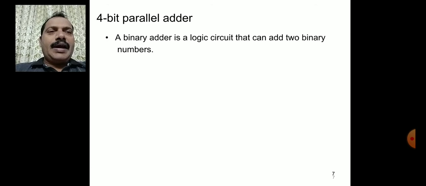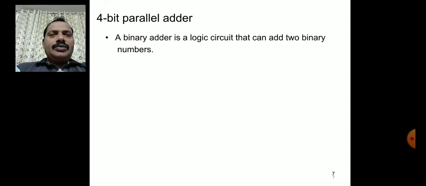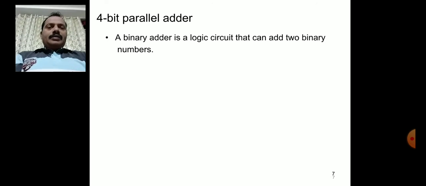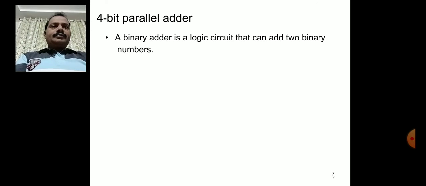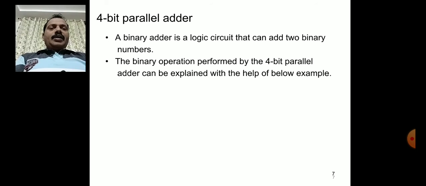A binary adder is a logic circuit that can add 2 binary numbers. The binary operation performed by the 4-bit parallel adder can be explained with the help of the following diagram.